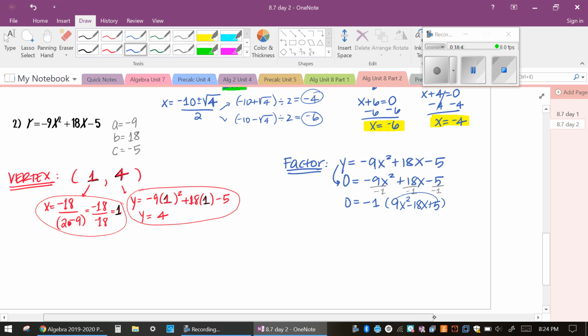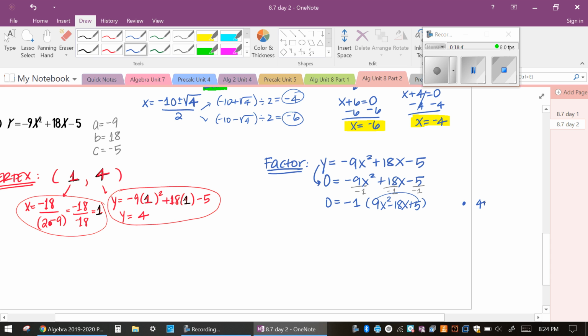9 times 5 is 45. So I'm looking for 2 numbers that multiply to 45 but add to negative 18. 1 and 45, 3 and 15. Let's do it. Negative 3 and negative 15 will work.